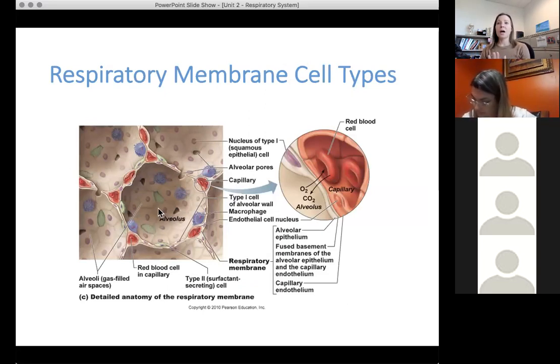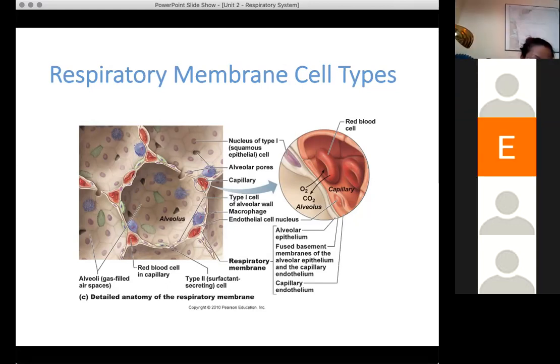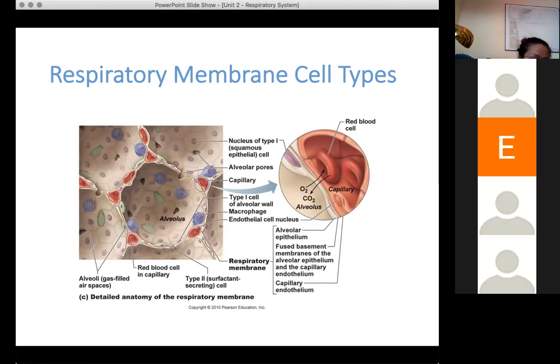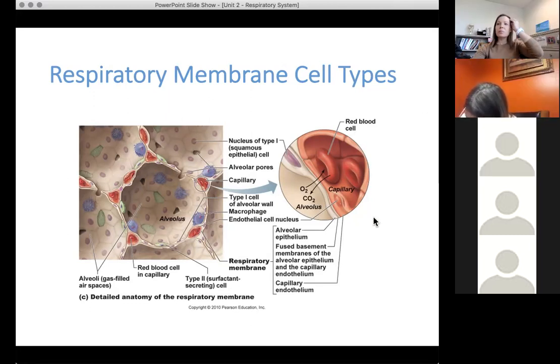These are the epithelial cells that form the wall of an alveolus, so they make up the majority of an alveolus.